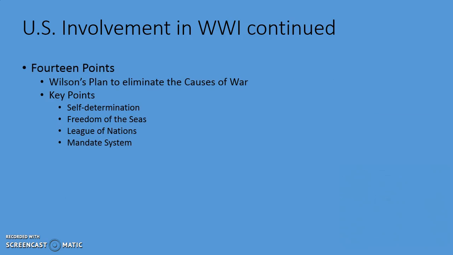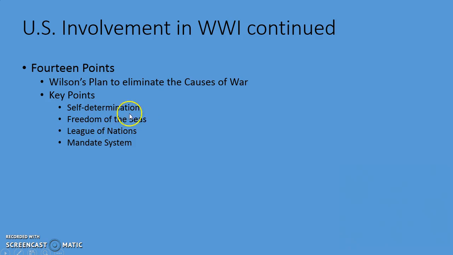After the war, Woodrow Wilson adopts his 14 points, which is his policy for maintaining this everlasting peace. Those key points are self-determination, the right that countries should be able to determine their own set of rules, laws, and borders. Again, democracy. Freedom of the seas, so no unrestricted warfare there.